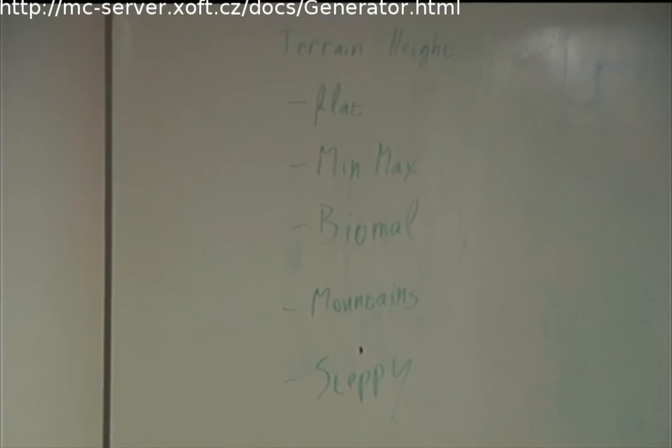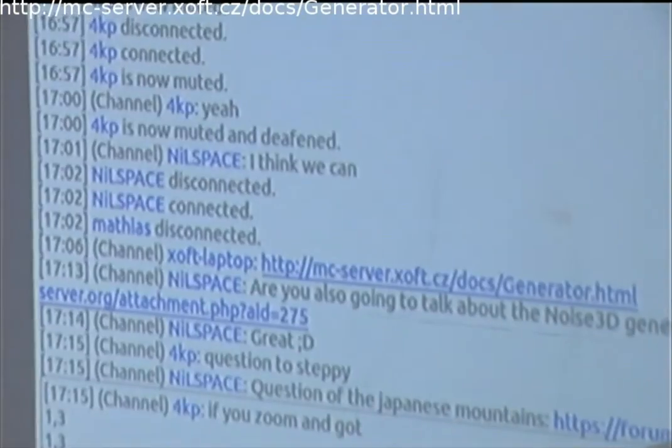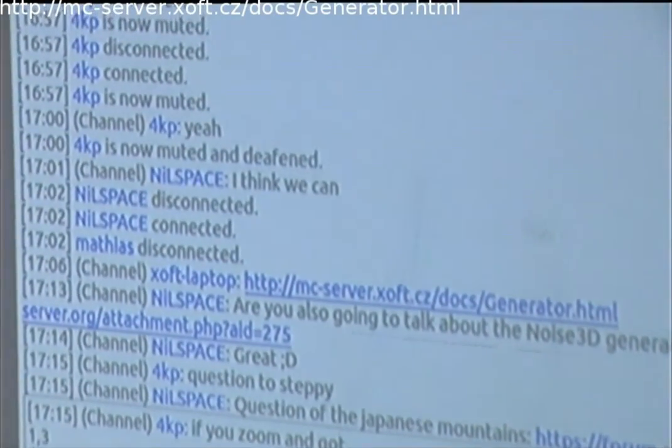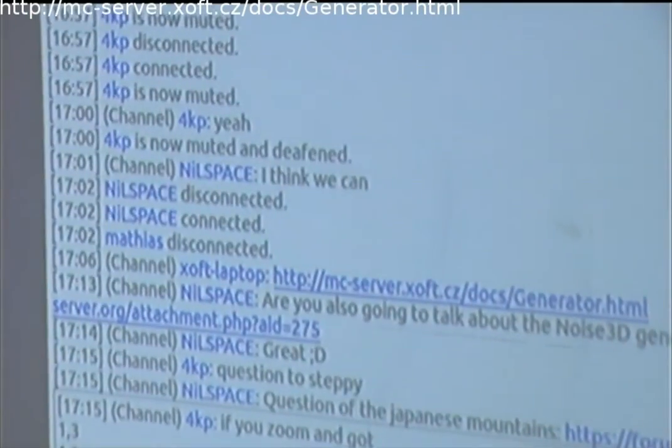Okay, question to Steppe, let's hear it, or rather, let's read it. Thanks, Nilspace. That's most likely the link I was referring to. No, the thing in the middle would actually be either 1 or a 3.